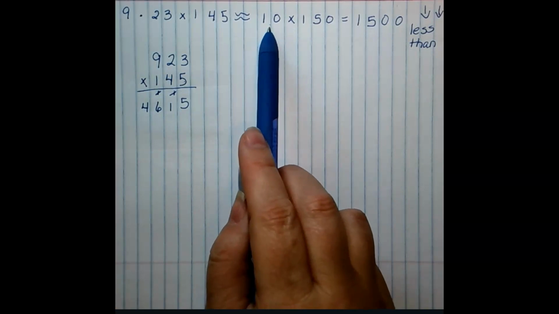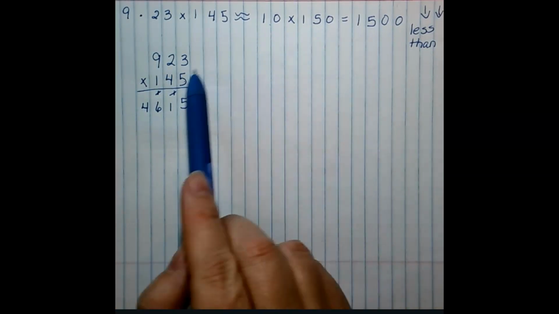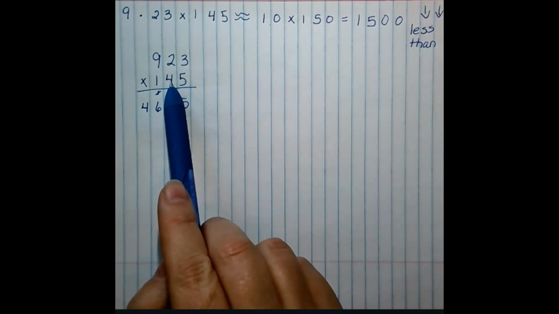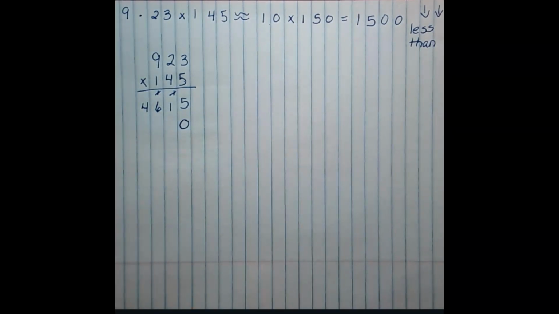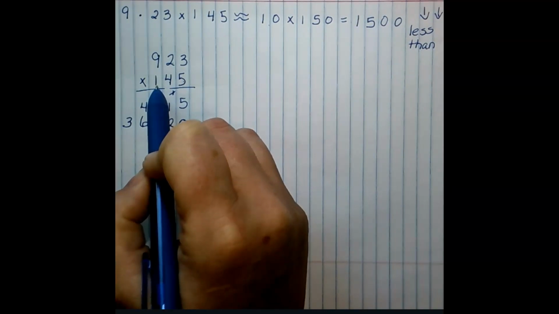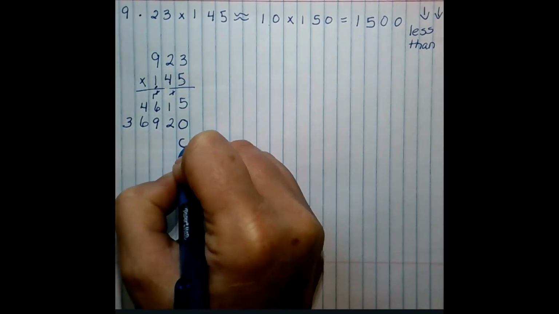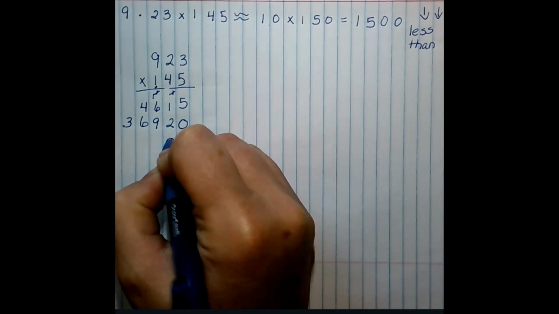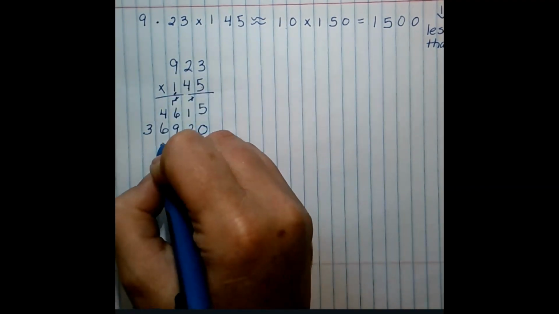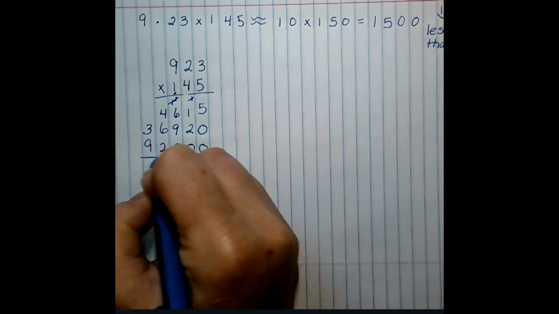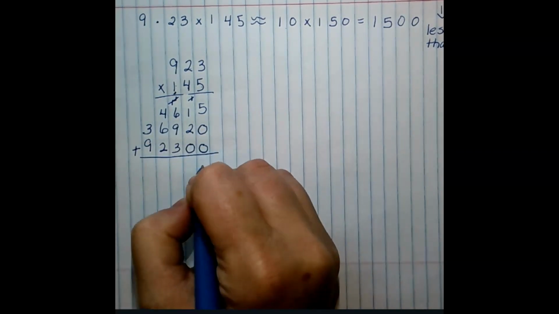Just like up here, if I count the zeros in my problem, and with 40 there would be 1 zero, I can put it down here to hold that place. Just like in the number 40, the 0 holds the ones place. And now my 1 is in the hundreds place. It's not really a 1, so I'm going to take the 2 zeros from the 100 and put them down here. And now I need to add them together.